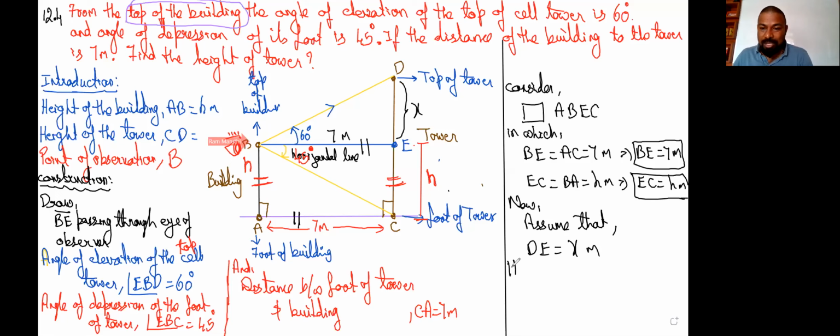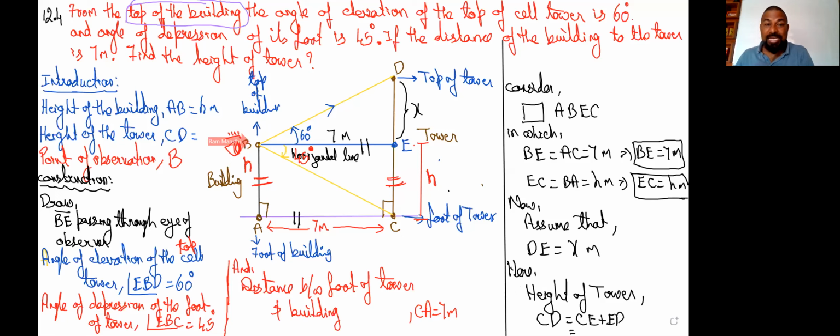Now the total height of the tower, from C to D, has two parts. CD is nothing but CE plus ED.